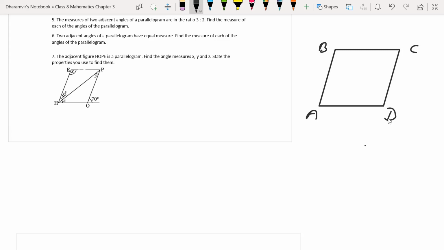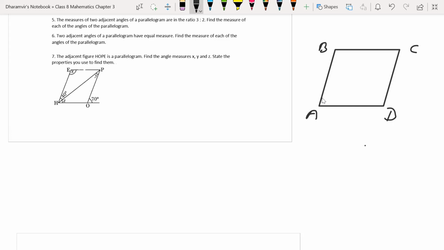What do we know about a parallelogram? A parallelogram is a quadrilateral whose opposite angles are equal. So we know that the sum of adjacent angles is 180 degrees in a parallelogram.